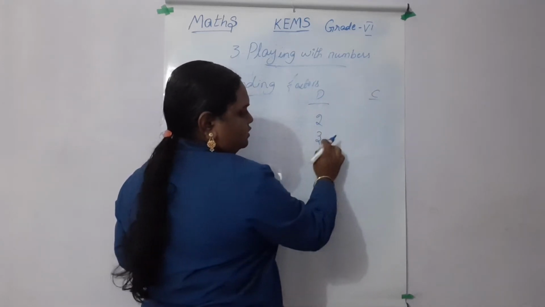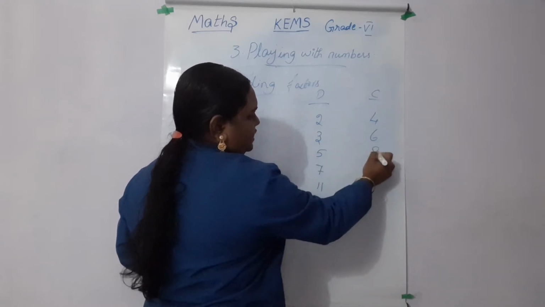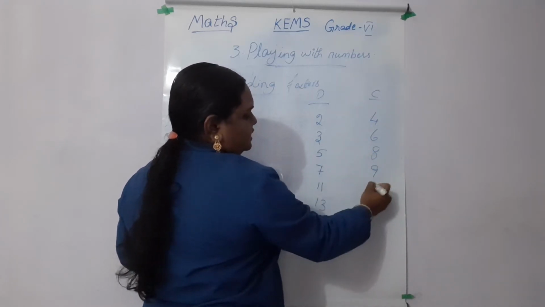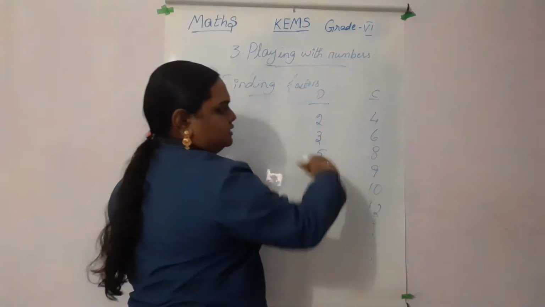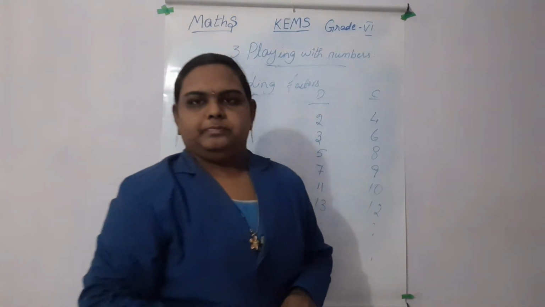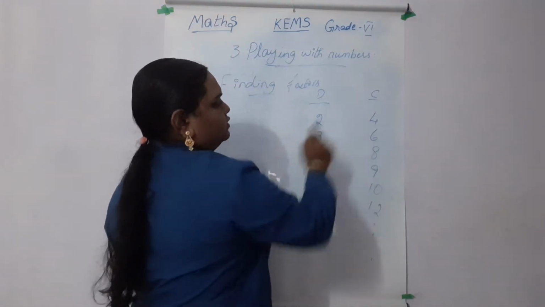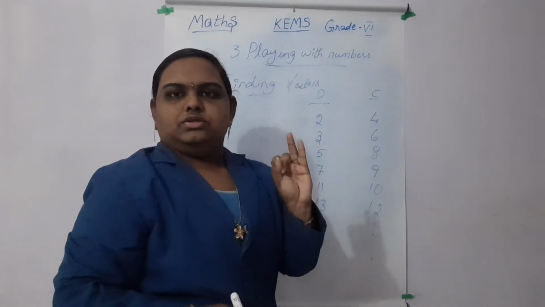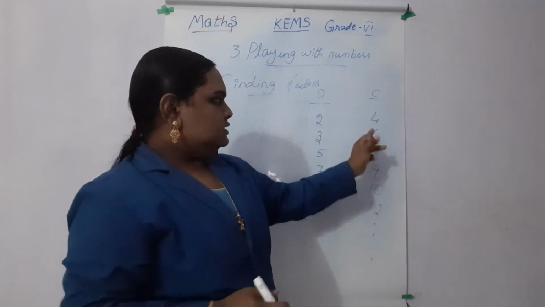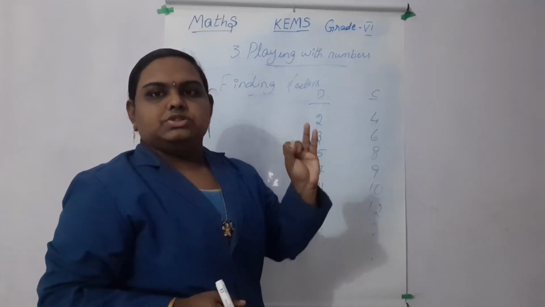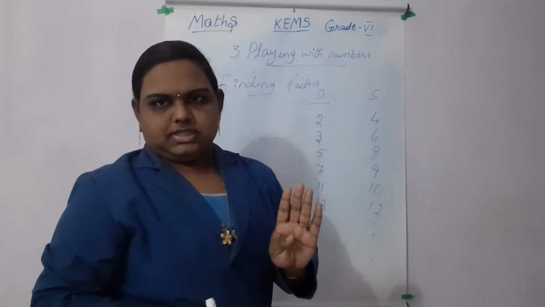Then composite numbers. In between the values 2, 3 come 4, then 5 is followed by 6, 7, 8 and 9, 10, 11, 12. Like that the composite numbers will come. If we check 4, the factors are 1, 2, 4, so more than 2 factors. Then 6: 1, 2, 3, 6, so 4 factors are there.